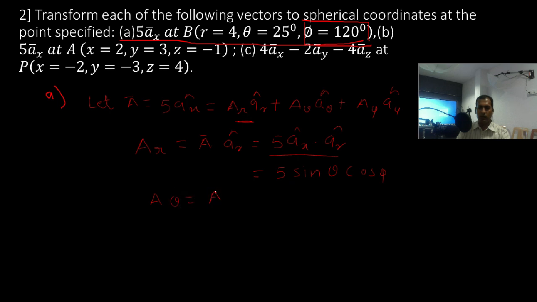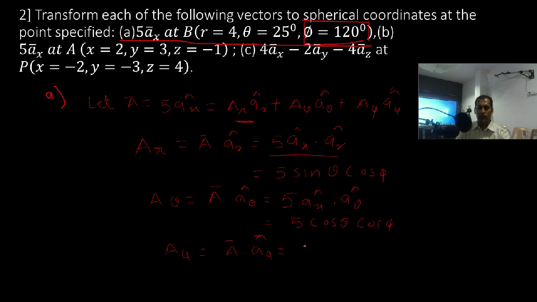For A theta, it will be equal to A bar dot A theta cap. According to our table, phi A X cap dot A theta cap can be solved as phi cos theta cos phi. The third one is A phi, which is A bar dot A phi cap.